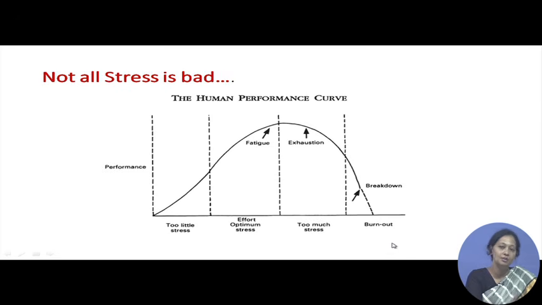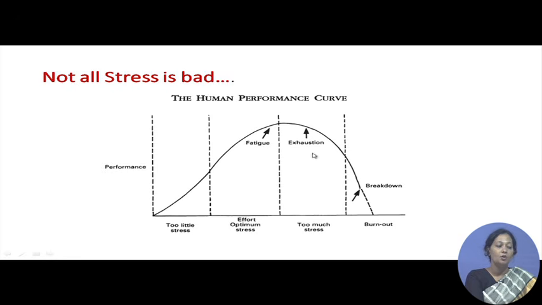So either way your performance is poor. When your stress level is between the optimum, between say this A and A dash, you will see that you are performing at the best. Now if it crosses the optimum, you will see that the exhaustion phase starts.